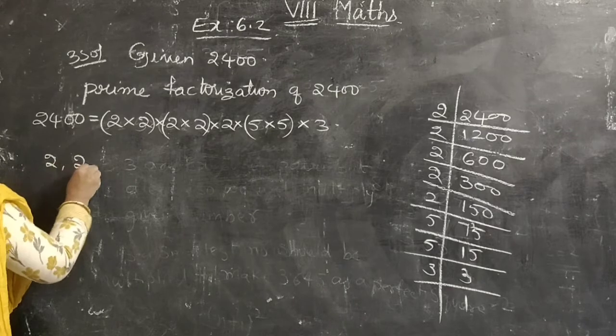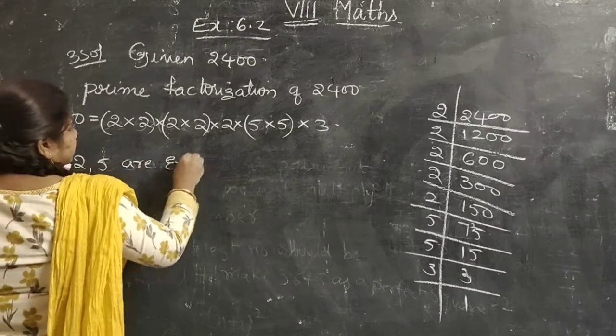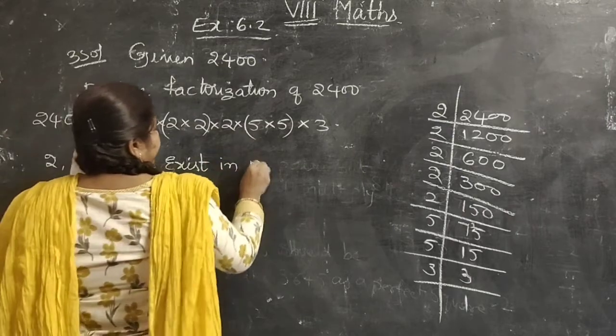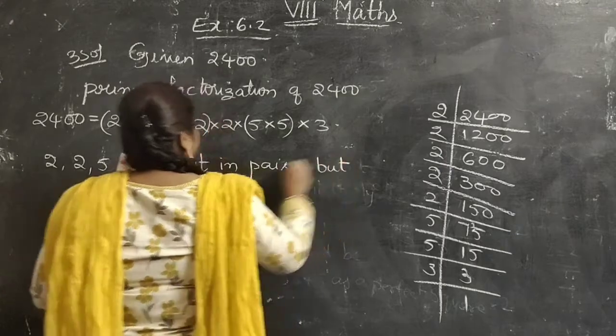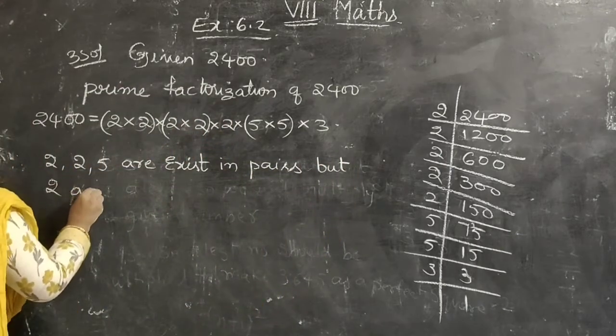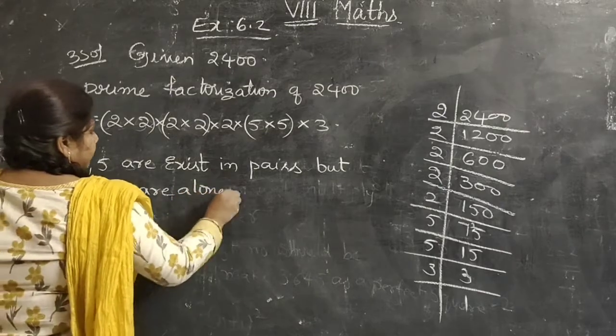Here, 2, 2, 5 exist in pairs, but 2 and 3 are alone.